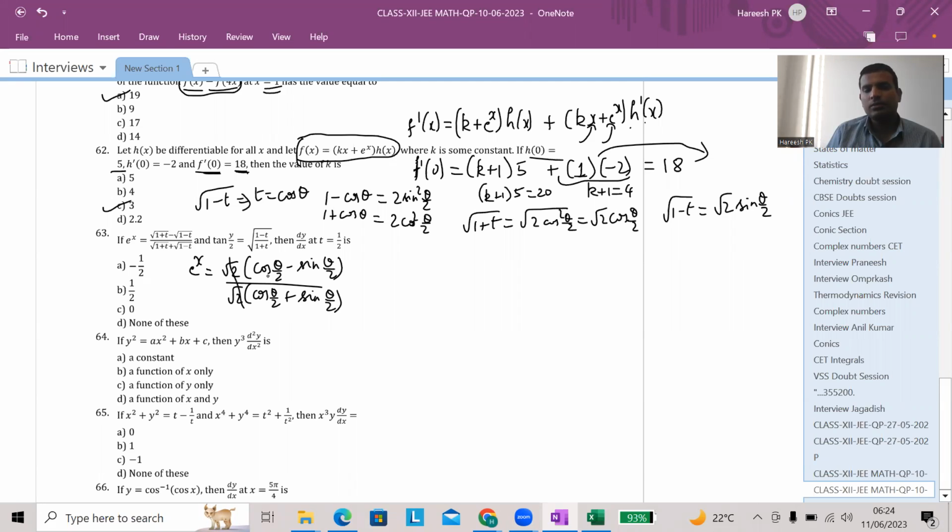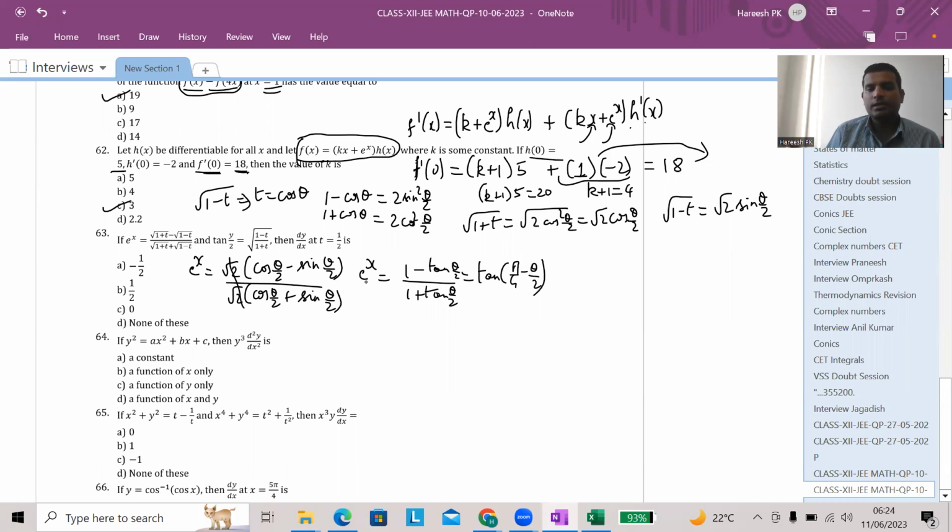And now if you divide each term by cos theta by 2, we end up getting e power x is 1 minus tan theta by 2 by 1 plus tan theta by 2. And this is the famous identity, tan of pi by 4 minus theta by 2.